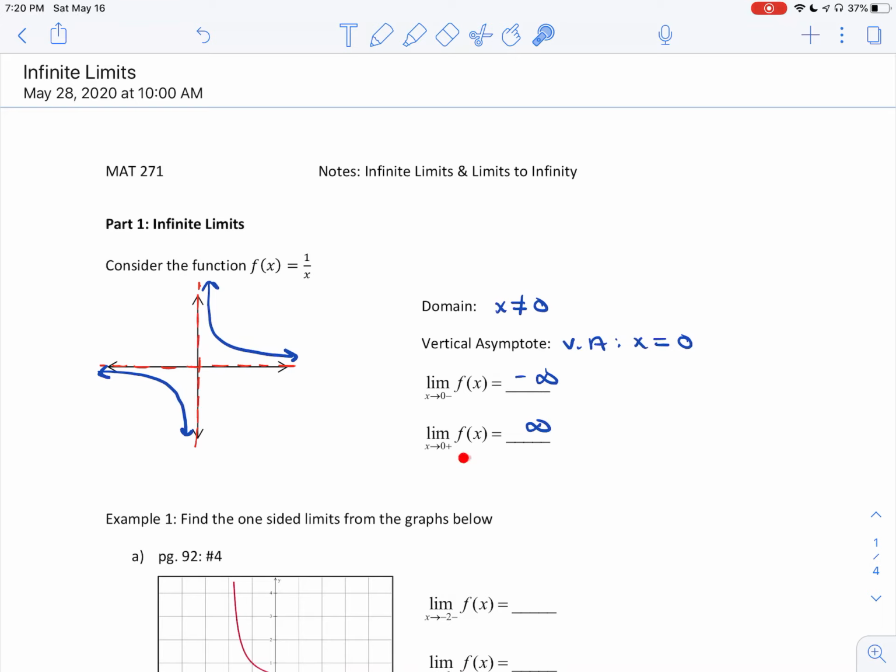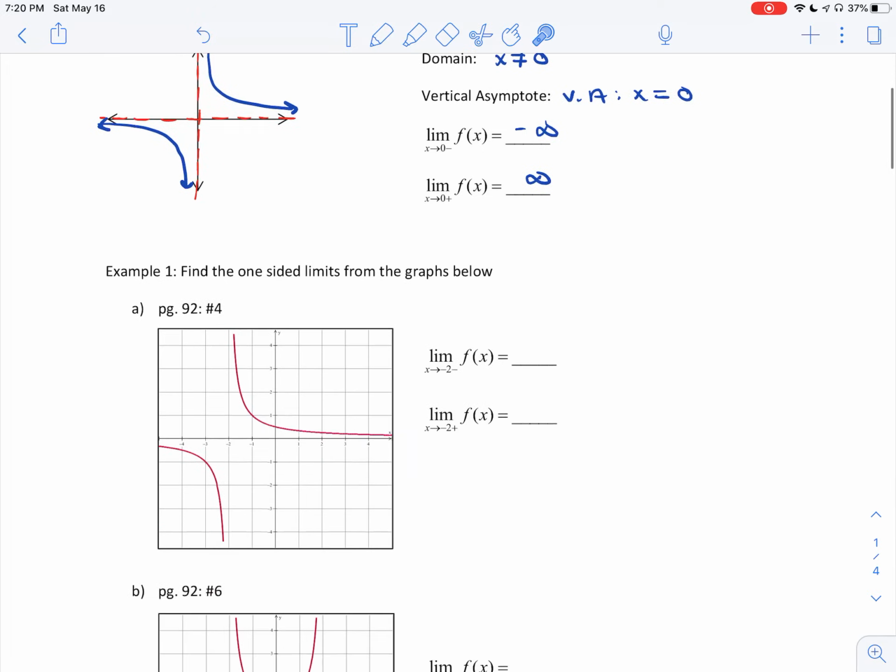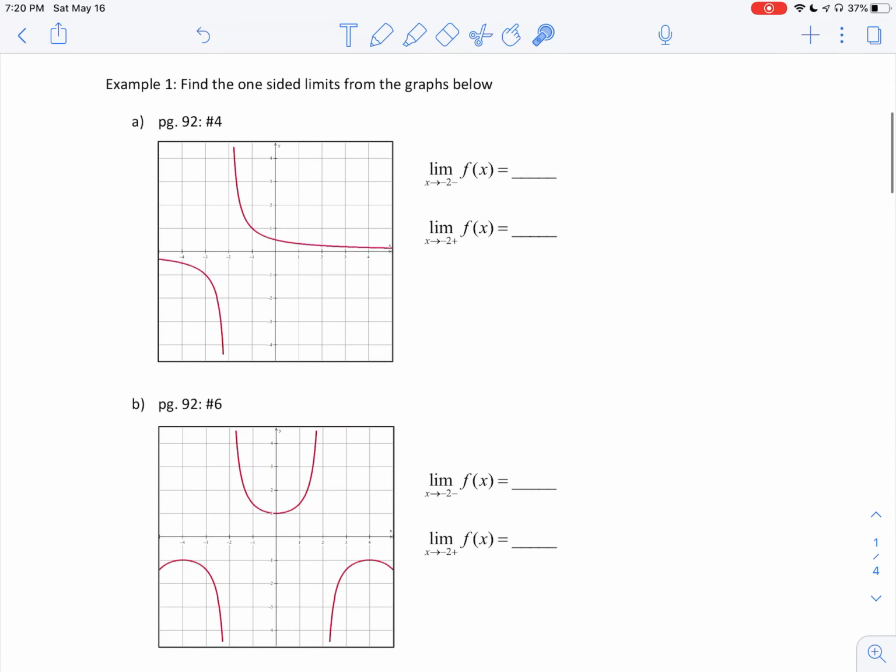And the limit as x approaches 0 from the right of f of x does not exist because f of x approaches positive infinity. So it's just describing why the limit doesn't exist and what it's actually doing at that x value.